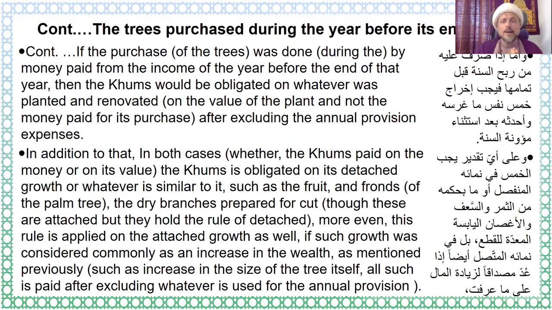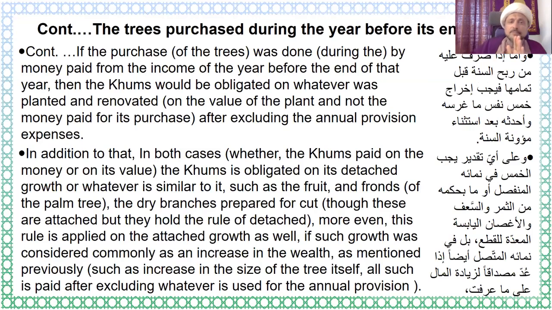Now let's see. Wa amma idha sarafa alayhi min ribhis-sanah. However, if the purchase was done from the monthly income before the end of the year, okay, you purchase a tree in June, you purchase a tree in July, every month you had some savings, you started purchasing. At the end of the year, now you have to pay the khums.